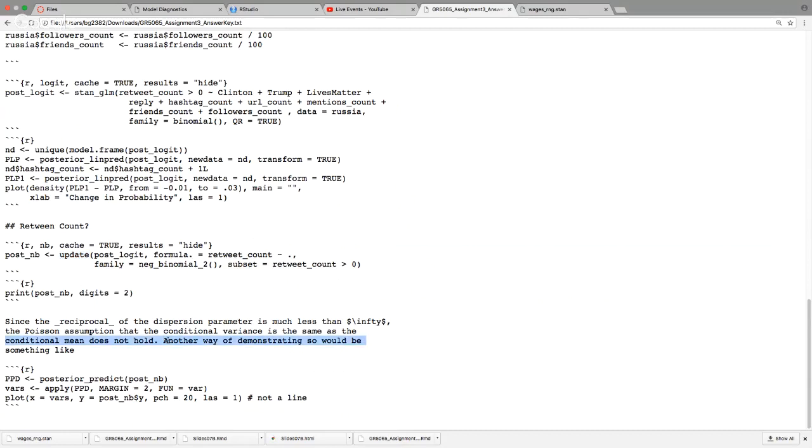Another way of demonstrating this, probably not the most direct way, but the Poisson implies the conditional mean equal to the conditional variance. And so you could get the predictions, calculate the posterior variance for everybody, and then plot to see if the posterior variance is similar to the observed number of counts that you observe for this.